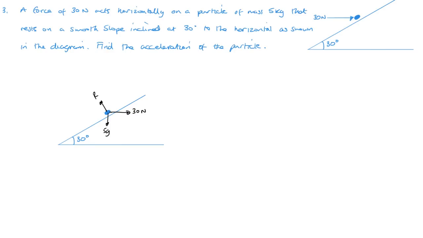Okay, so there now I have all of my forces on here, and I'm going to resolve them both perpendicular and parallel. Start with the weight, so this one is 5g cos 30, and we've got 5g sine 30 there. And then I'm just going to go into purple and do the 30 newton.